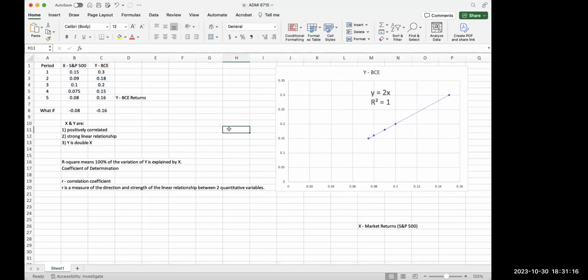So R is a measure of the direction and strength of the linear relationship between two quantitative variables. R is the correlation coefficient. R squared is basically R squared, and it has a different interpretation.